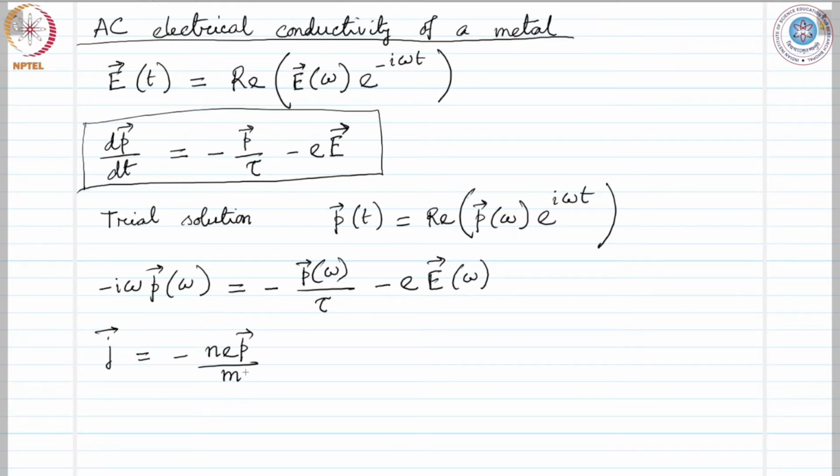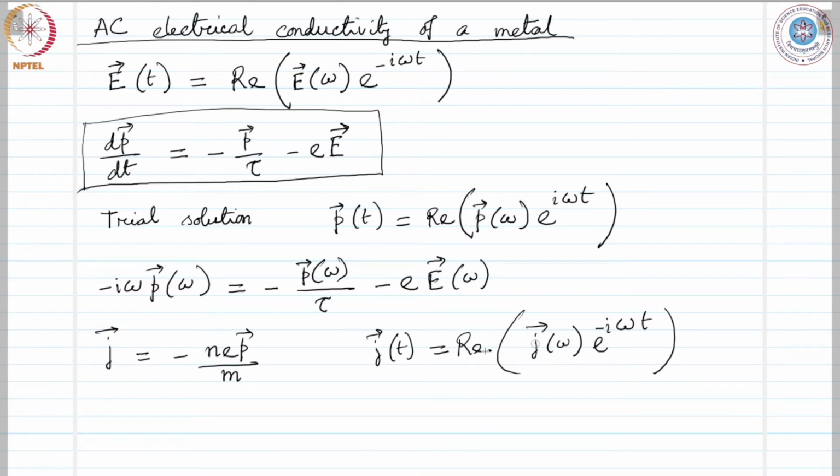And in complex form, it would be written as j omega e power minus i omega t, and we will take its real part for the real physical quantity.